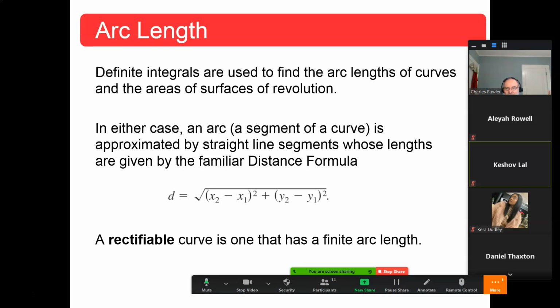Now, they introduce a term here. A rectifiable curve is one that has a finite arc length. Okay? Now, I can't quite figure out why they call it a rectifiable curve, except that you can approximate it as a rectangle, I'm guessing. But that's not a good guess, I don't think. Okay.